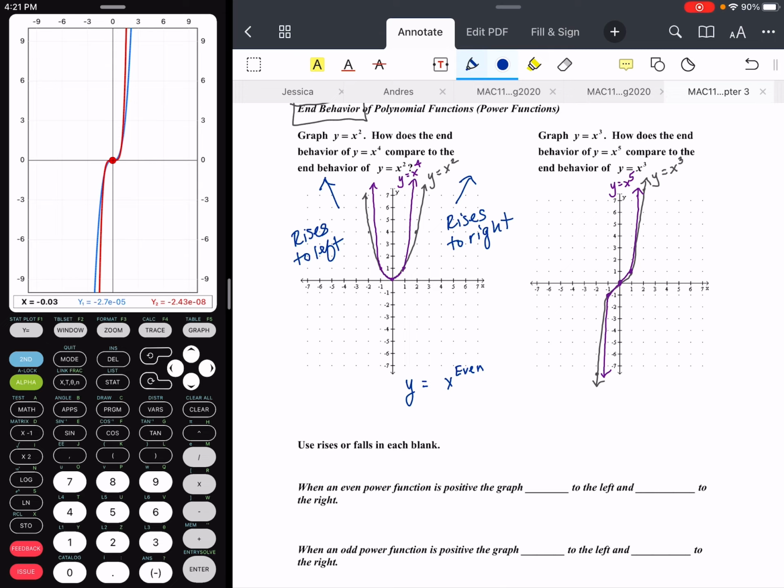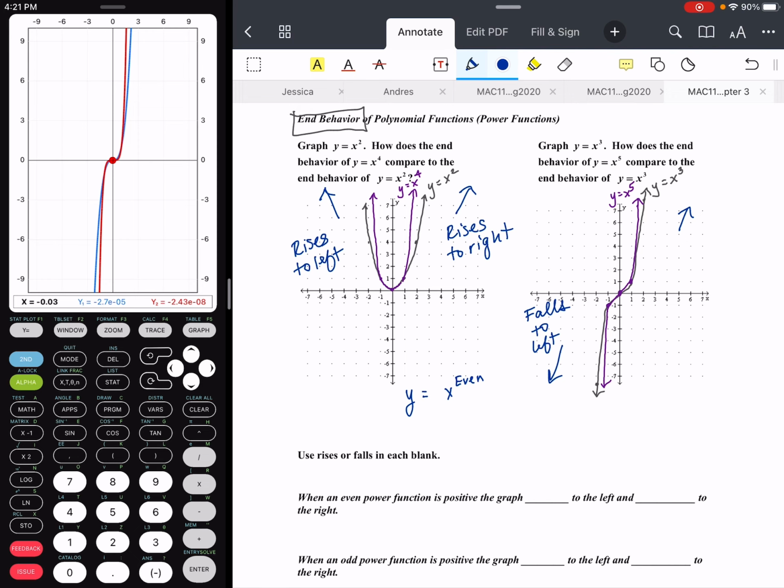So looking at the left side of this function, as we go to the left on our x-axis, our graph is falling in both cases. And as we go to the right, as x gets bigger, y also gets bigger. It's increasing. So we can say that this graph, for both of them, falls to the left and rises to the right.